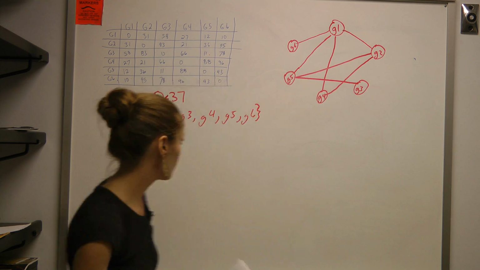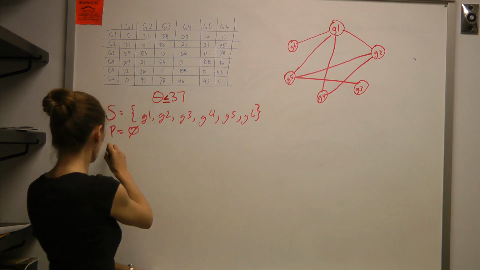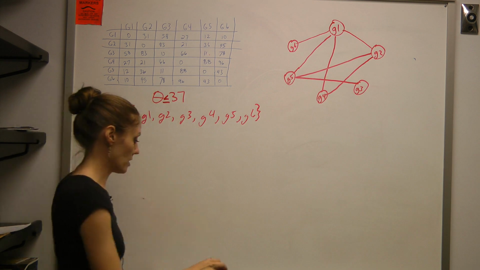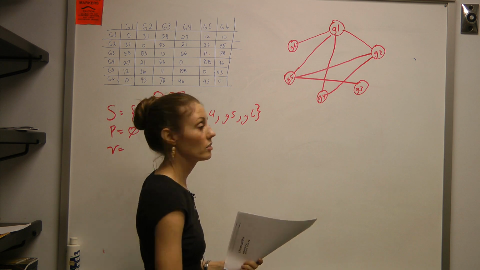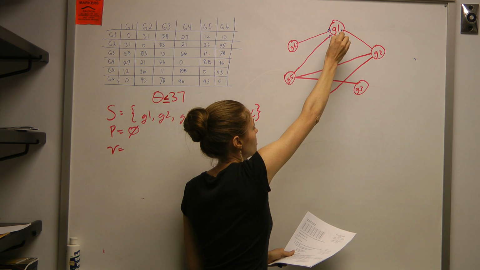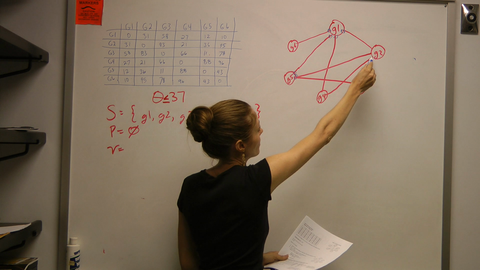Initially, we take the vertex of maximal degree in the distance graph G. So we're going to choose a vertex to start with, and we choose the one with the maximal degree. Degree is the number of edges in and out. So we have a degree of 4 for G1, and only 3, 2, 1, 3 for the others.